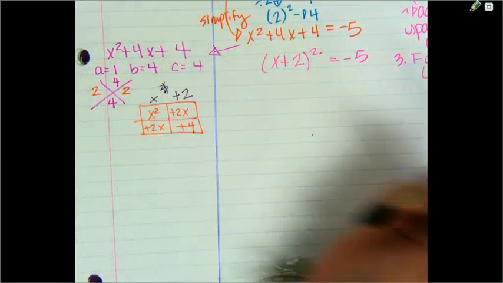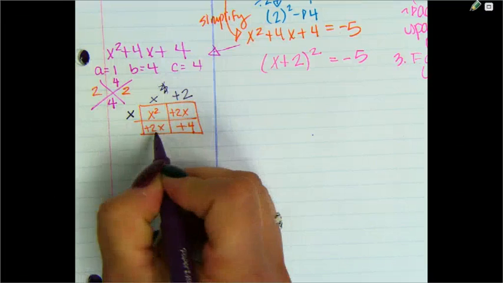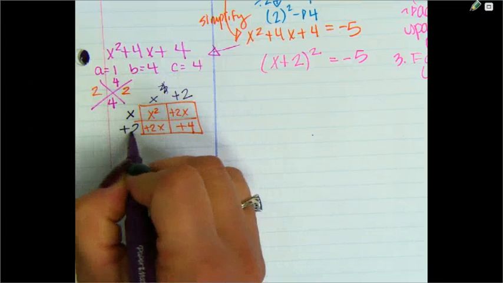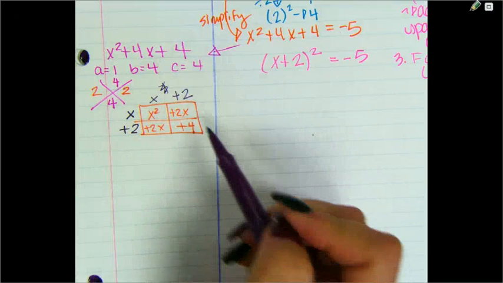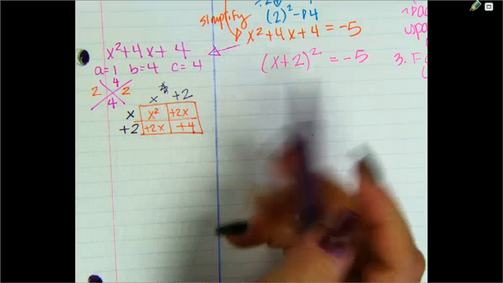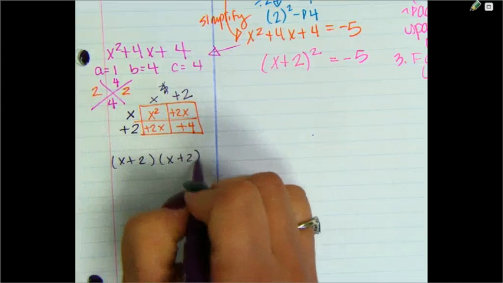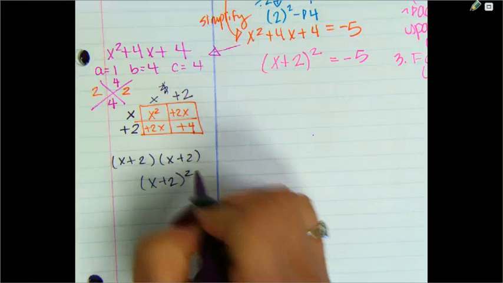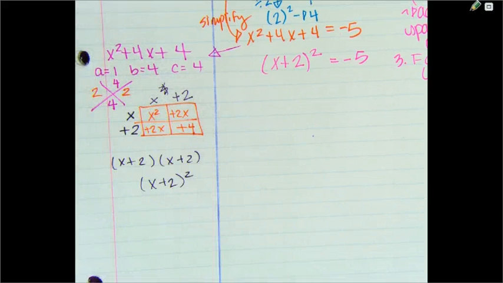That's just a squiggle. Oh, wait. Isn't it the same dimensions of my box, of my tiles? Yep. So I get x plus 2 and x plus 2, which is x plus 2 squared. You're going to factor. So that means you're adding this whole process into your homework then.